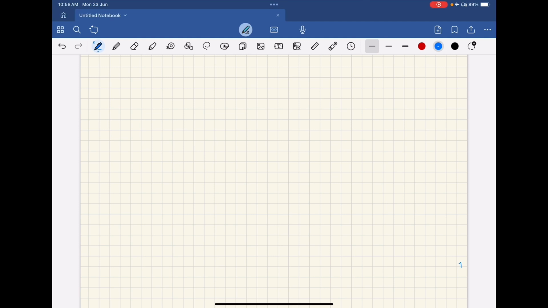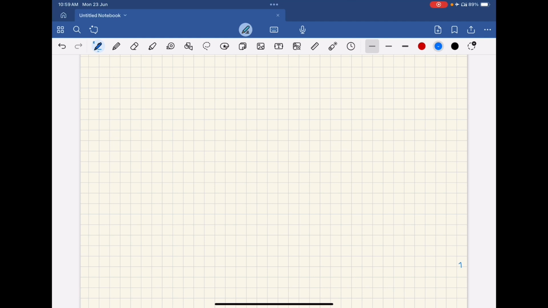So the first question, question number 2: the area of a rectangular plot is 528 meter square. The length of the plot in meters is 1 more than twice its breadth.